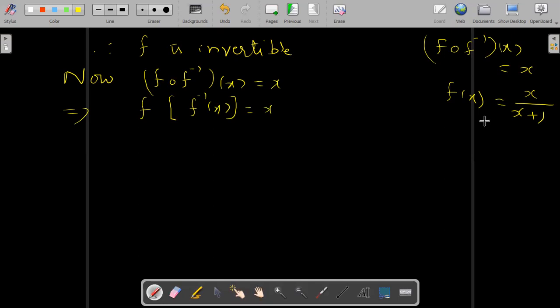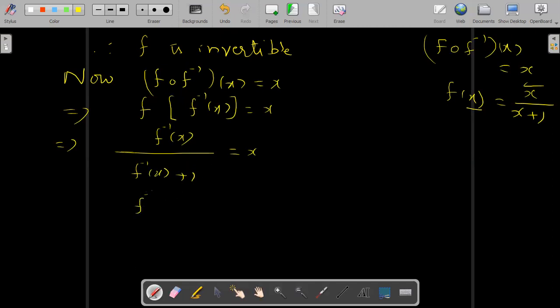And you know that f(x) is equal to this, so f of f inverse x will be equal to f inverse x upon f inverse x plus 1 according to the given definition. So this will become f inverse x divided by f inverse x plus 1 is equal to x, and find the value of f inverse to get the inverse.